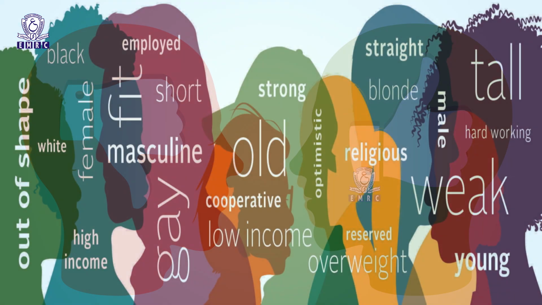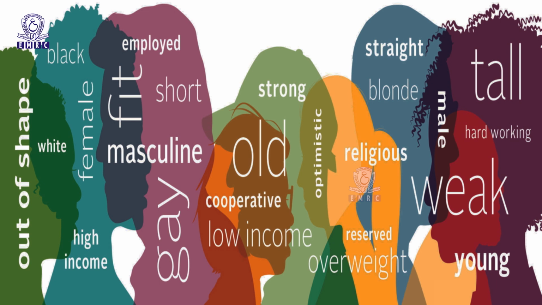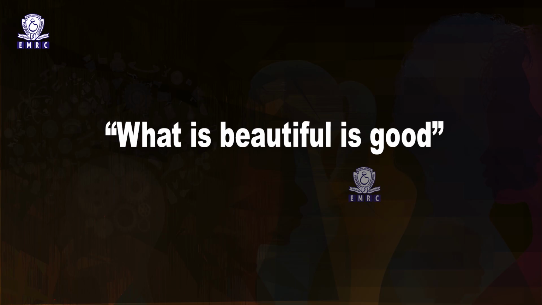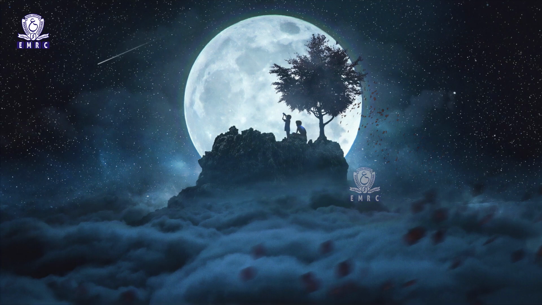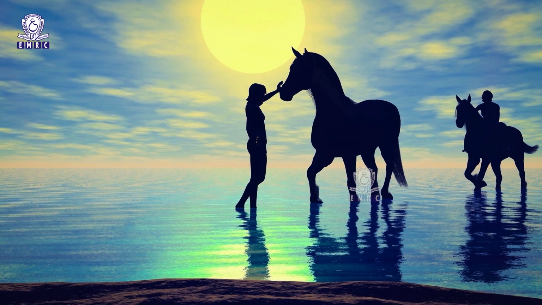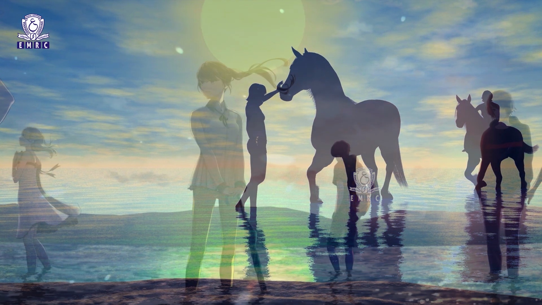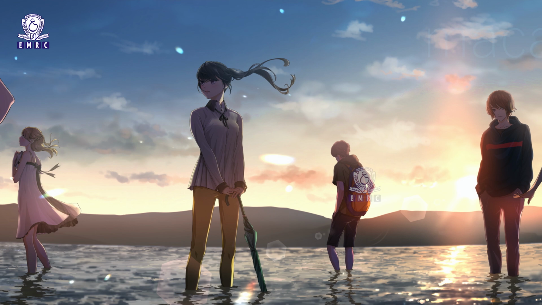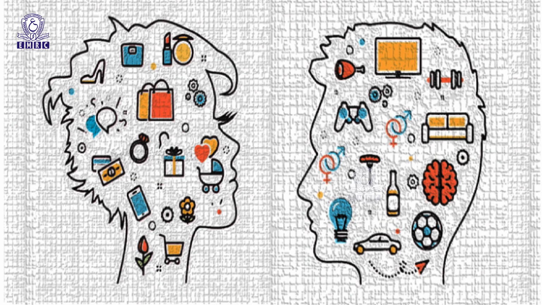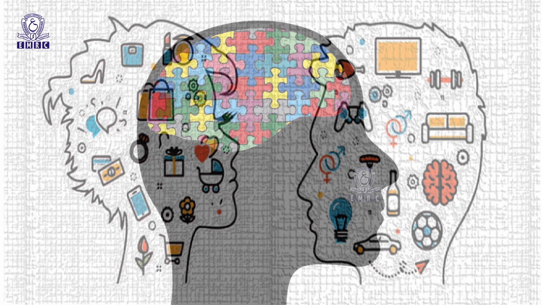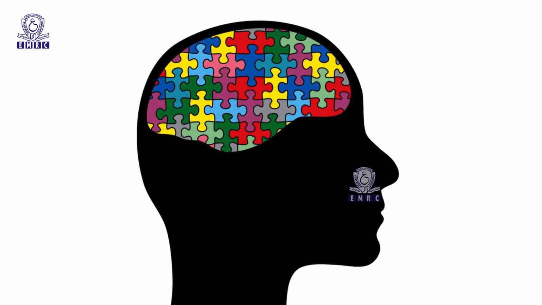For instance, in many societies, of course not all, it is assumed that what is beautiful is good, that people who are attractive also possess other positive traits such as good social skills and an interest in enjoying good things in life, etc. Although these assumptions or beliefs are not necessarily true, they do serve the function of helping to organize some schemas or mental patterns that represent what a person believes about certain types of people.